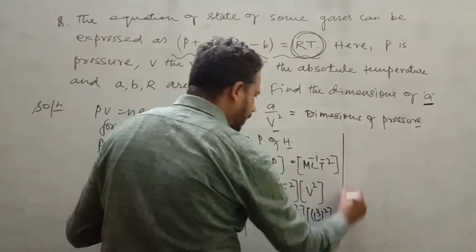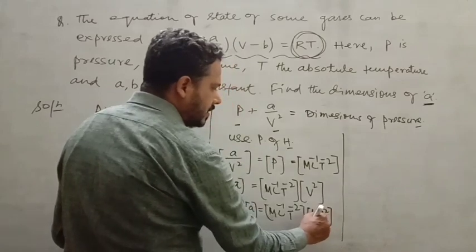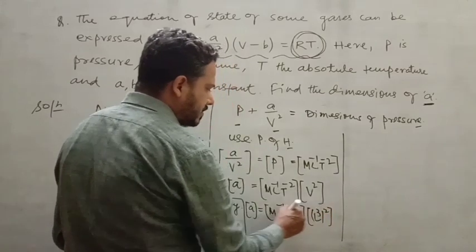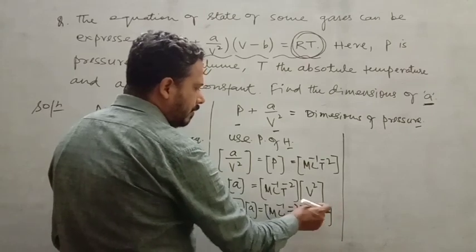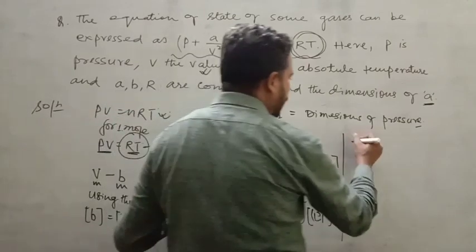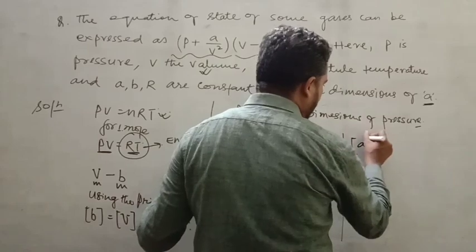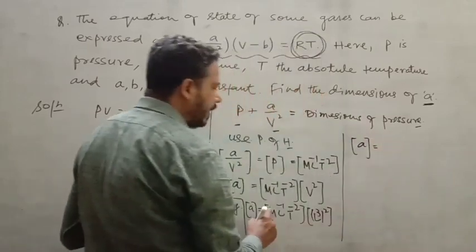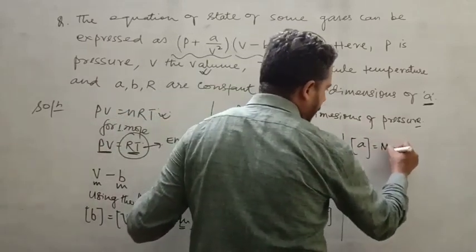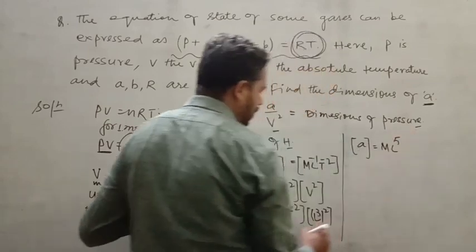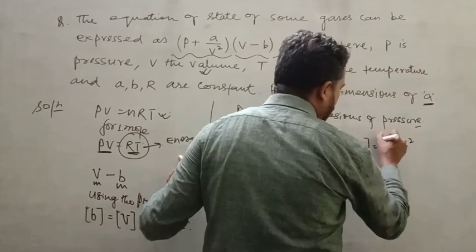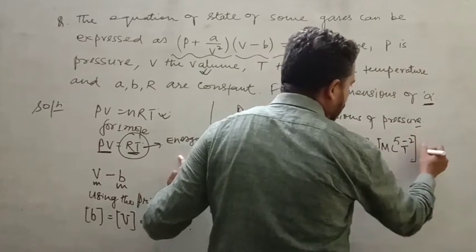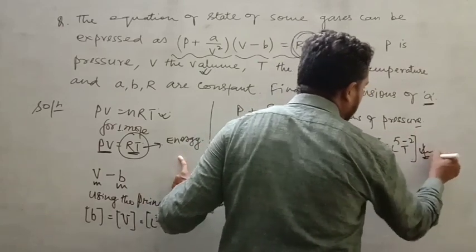Square of this is L to the 6, and when the base is the same, the powers are simply added. So the dimension of A will be M L 5 T minus 2. So this is your result, and this is your answer.